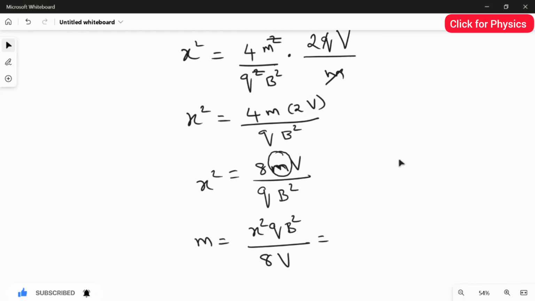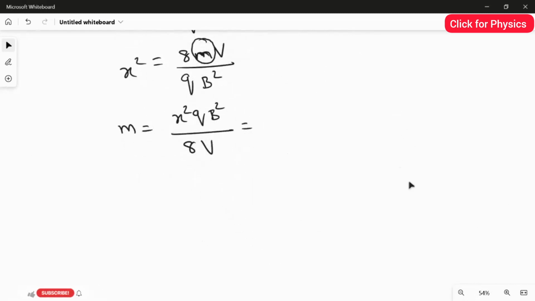Now I'm going to substitute the values to get the answer for the mass. So what is the value of x? In the question they give the value of x as 1.6254. You can go back to the question and see the value. So the value of x is 1.6254 squared. Multiply the charge value, which is also given.